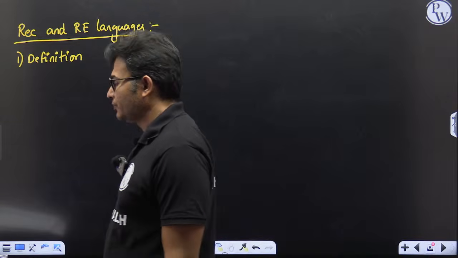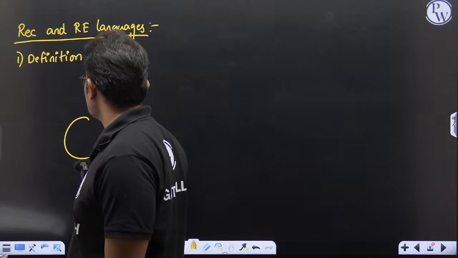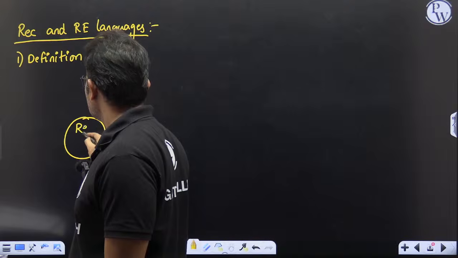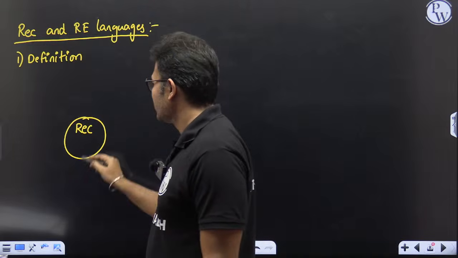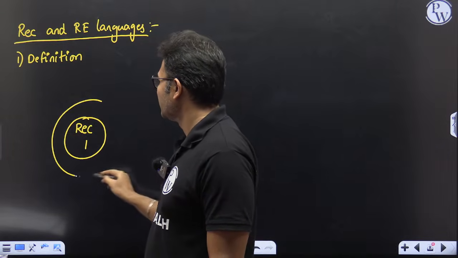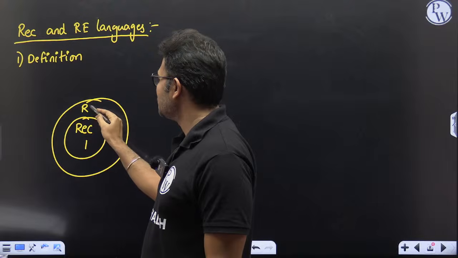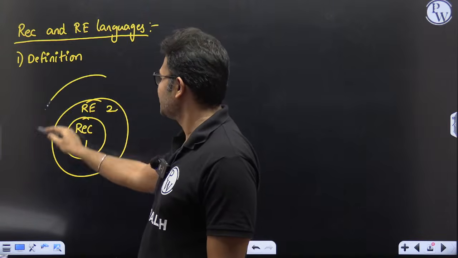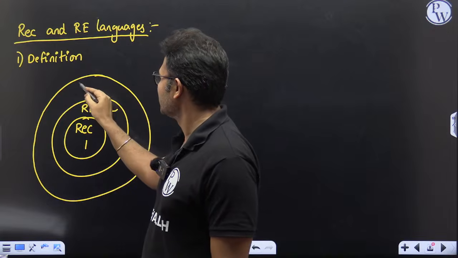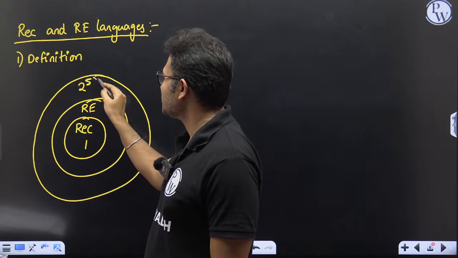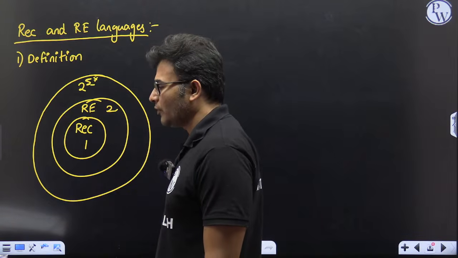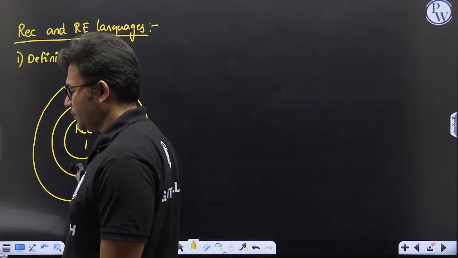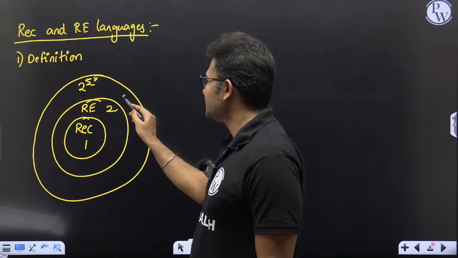So you are going to have recursive languages, 1, recursively enumerable languages, 2, and the set of all languages, 2 power sigma star. Let us say this is 3.